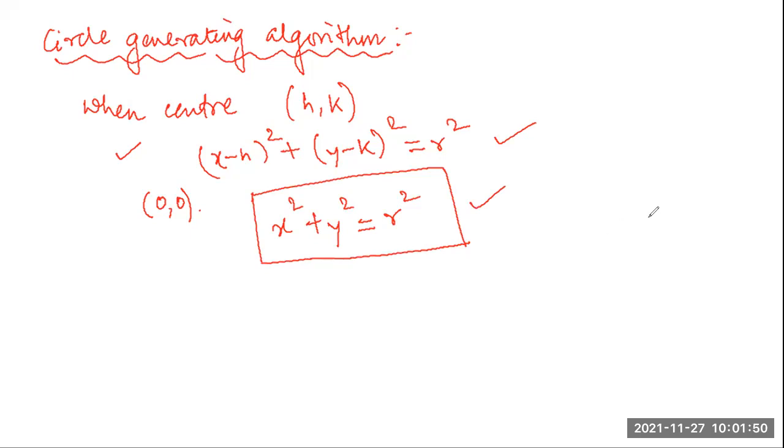Now, there are two methods of representing any circle. One is the polynomial method of representation. In that method, we use this equation, x square plus y square equal to r square. Another way of representing a circle is the trigonometric method.